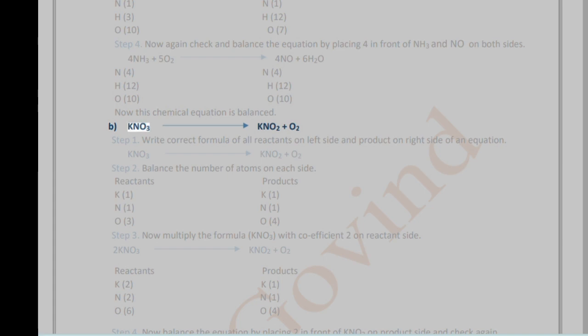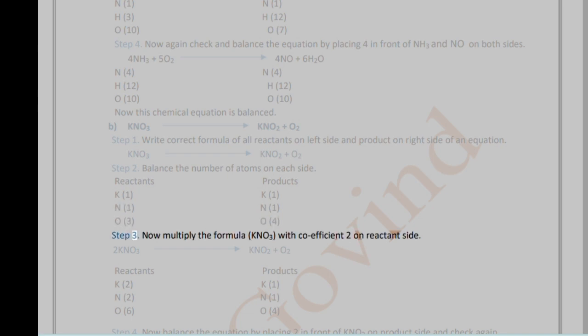B. KNO3 gives KNO2 plus O2. Step 1. Write the correct formulas of all reactants on the left side and products on the right side of an equation. KNO3 gives KNO2 plus O2. Step 2. Balance the number of atoms on each side. Reactants, products: K 1, K 1, N 1, N 1, O 3, O 4.